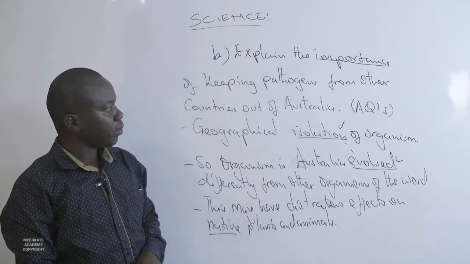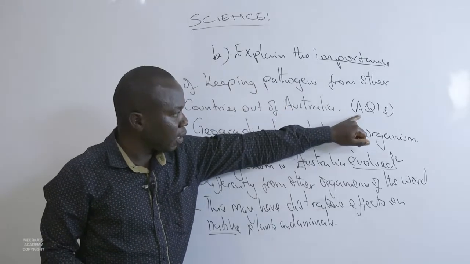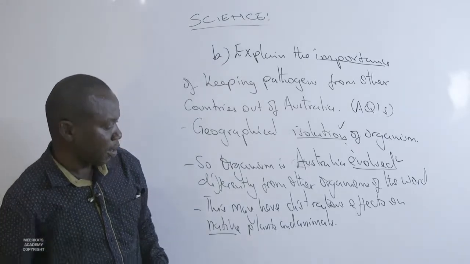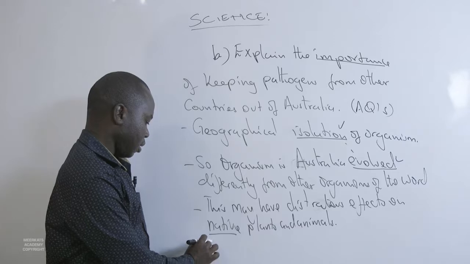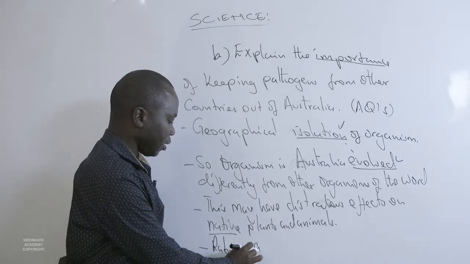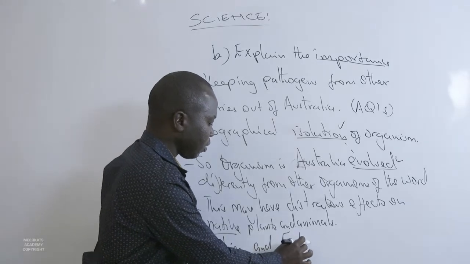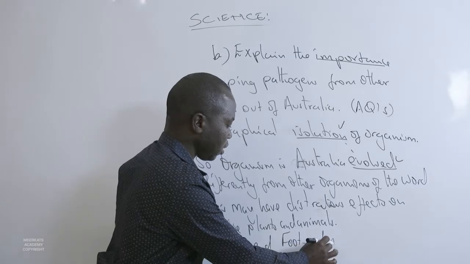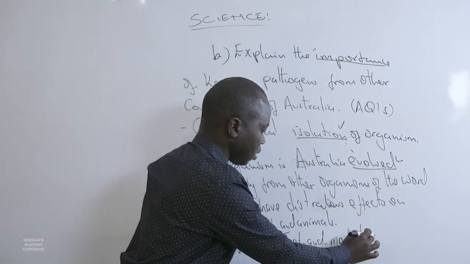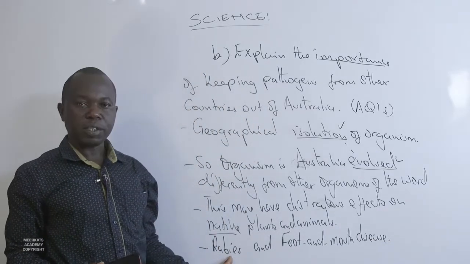A very good example of pathogens that are usually taken care of by the AQIS is majorly rabies, the pathogen that causes rabies, and the one that causes foot and mouth disease. Now, for human beings, rabies also affect human beings.